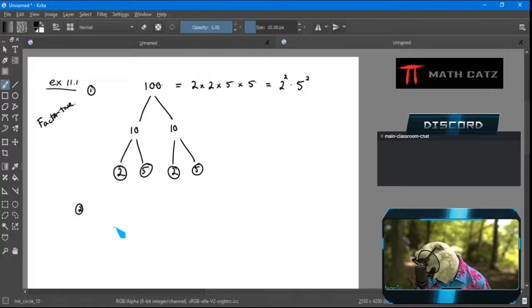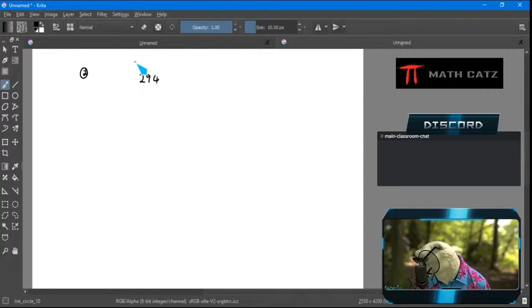Let's do another one, and it is 294. We'll use these in the upcoming examples. So 294, what prime numbers make that up? The factor tree is convenient in the sense that I just worry about splitting it up into two numbers at a time. And it doesn't really matter which two you want to use.